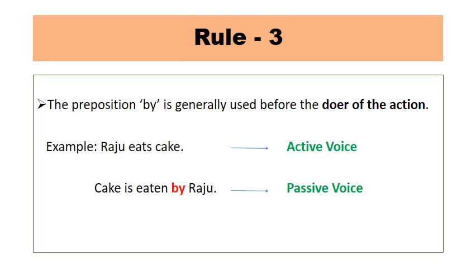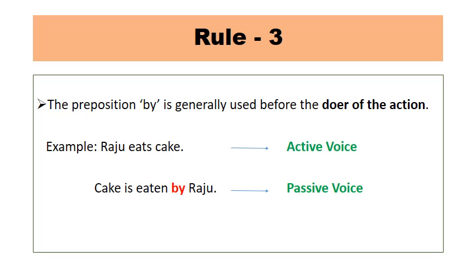Rule 3. The preposition by is generally used before the doer of the action. Doer of the action means the subject, and we know that when we change the active voice into the passive, the sentence undergoes two major changes. First, the subject goes into the predicate and the verb undergoes few changes.